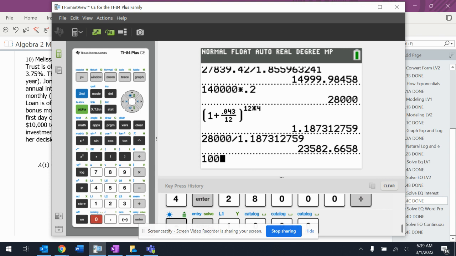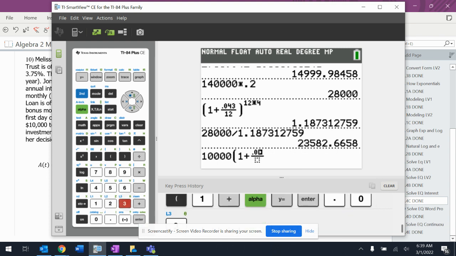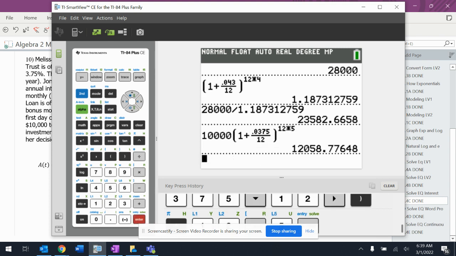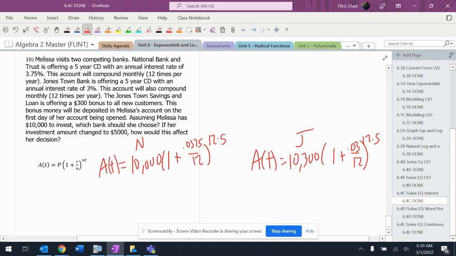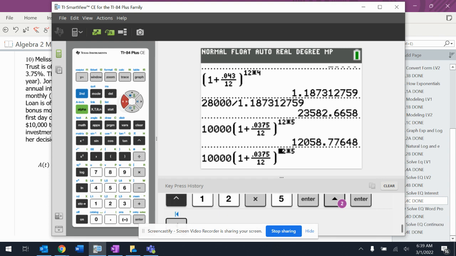So we've got $10,000 times (1 plus 0.0375 over 12) to the 12 times 5. So 12,058.78. And then this one over here, let's do a little bit of editing.